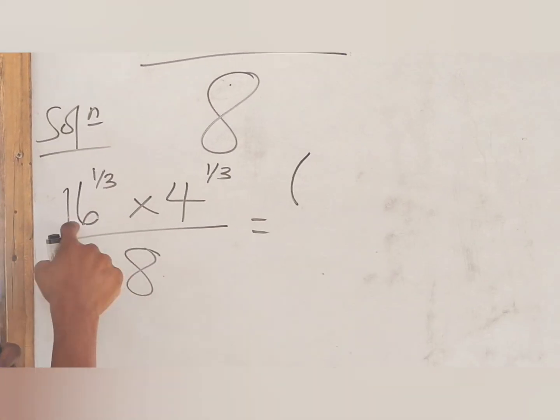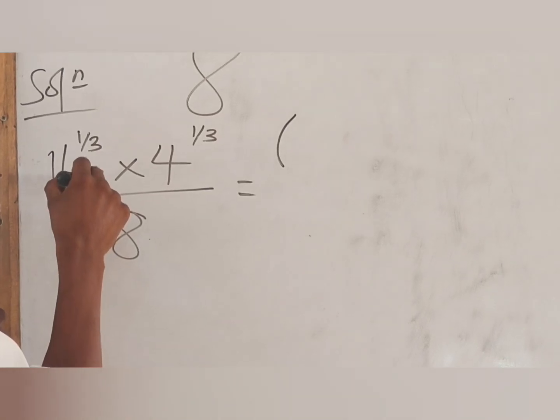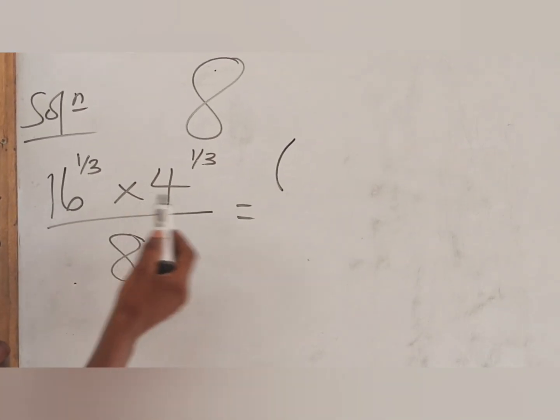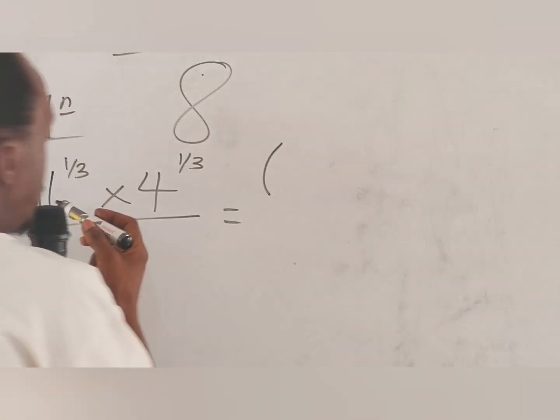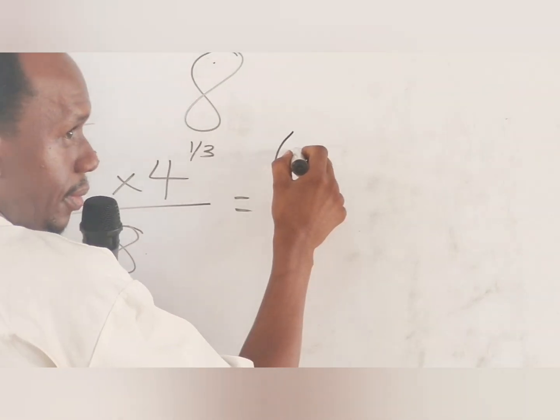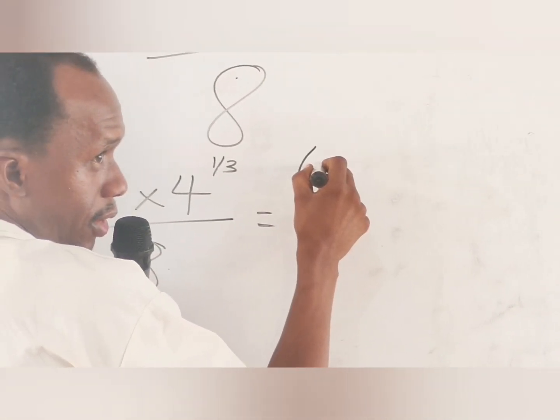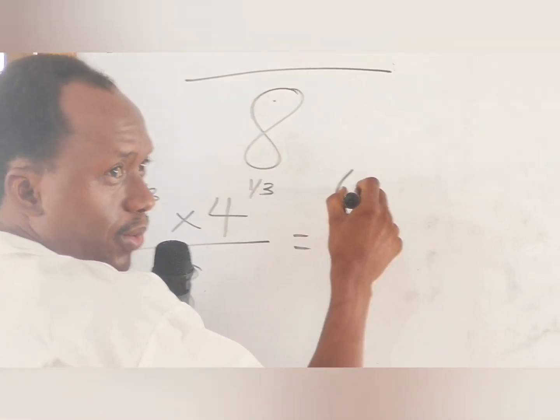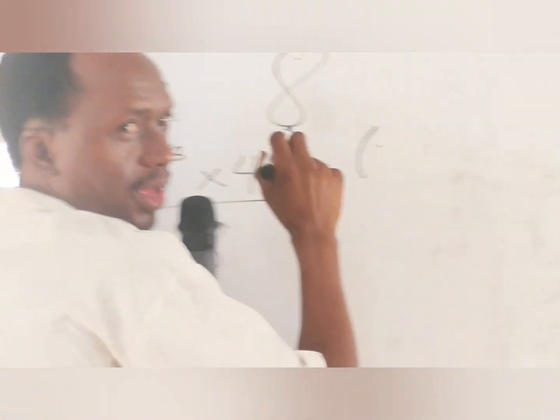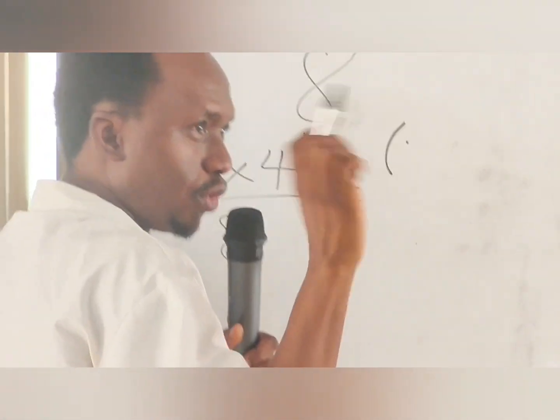Yes. So what do we do? What do you want us to do? We change that to which? So 16 is the same as what? We should use 4. Okay, somebody said we should use 4 first.